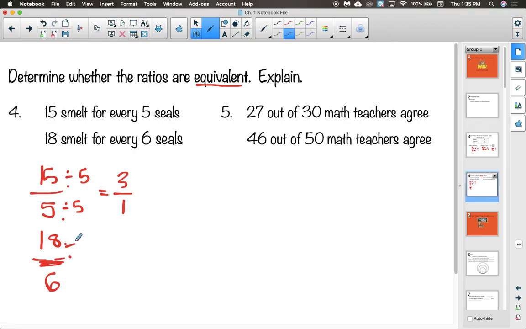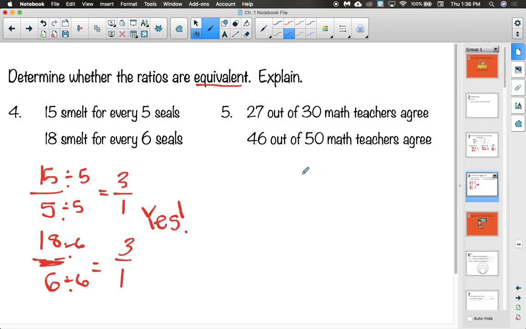I can divide 18 and 6 both by 6 to simplify my ratio, and I get 3 to 1. So this asks for an explanation. I'm going to say my explanation because I'm running out of space here, but I would say yes, these ratios are equivalent because they both simplify to the same ratio, which is 3 to 1.